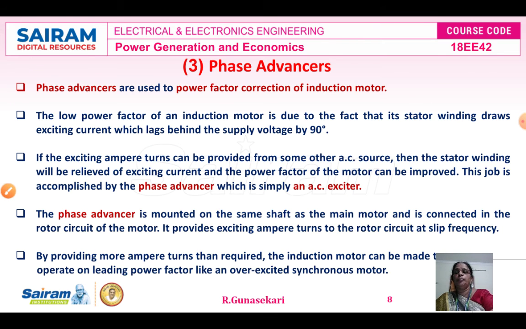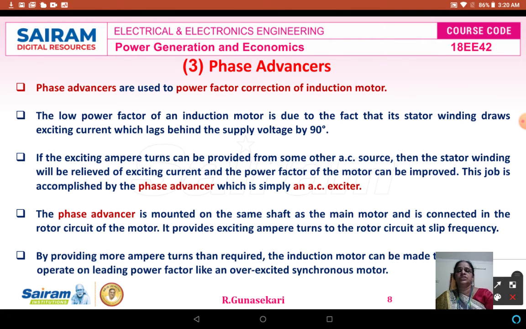The third type is the phase advancer. The phase advancer is used for power factor correction of induction motors. The low power factor of an induction motor is due to the fact that the stator windings draw the exciting current, which lags behind the supply voltage by an angle of 90 degrees.